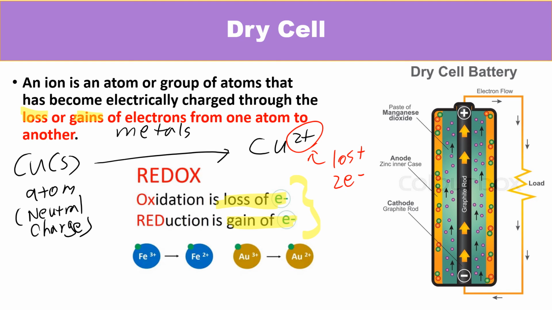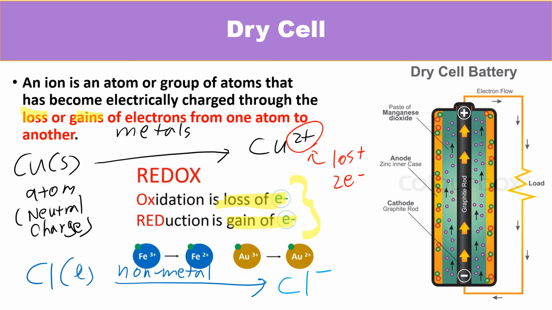If you think about something like chlorine, chlorine is a gas at room temperature. Chlorine atom, non-metal, yes, it's neutral, but if it's involved with any type of electron exchange, chlorine tends to be Cl minus, and this minus actually refers to how much you gain. In this case, gain 1 electron.